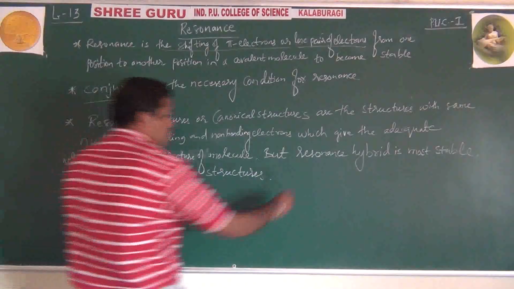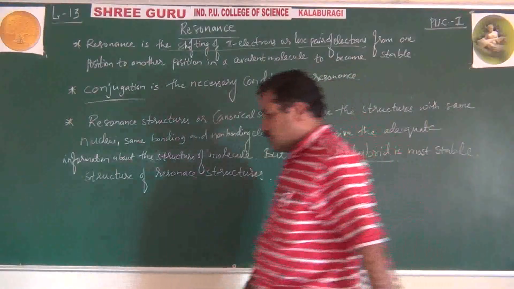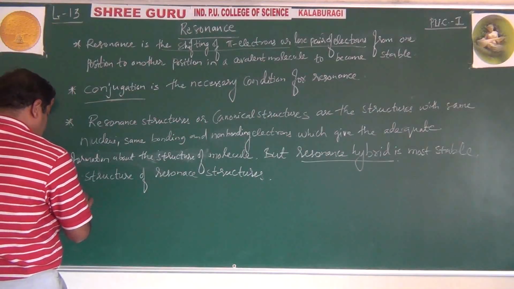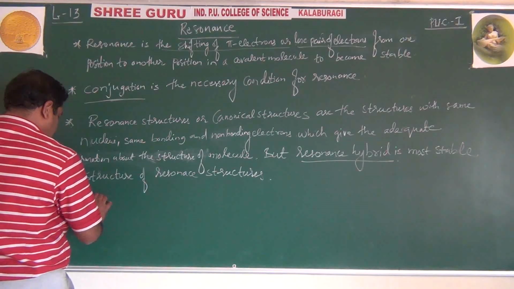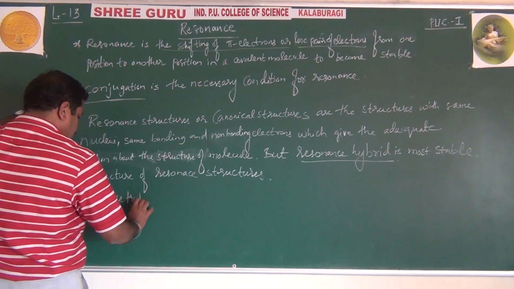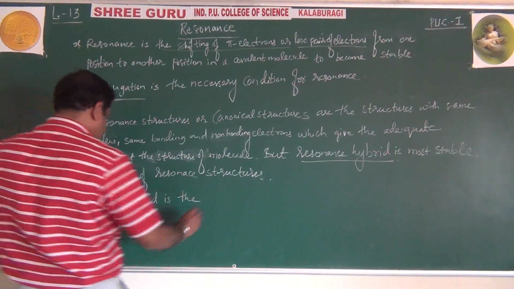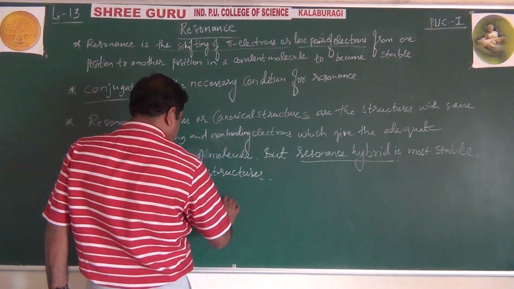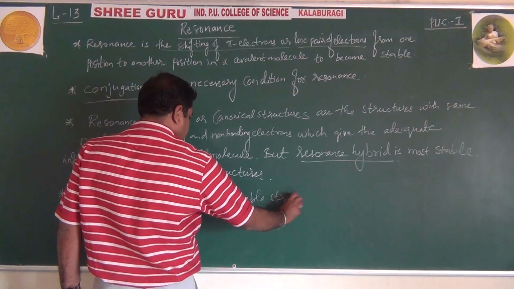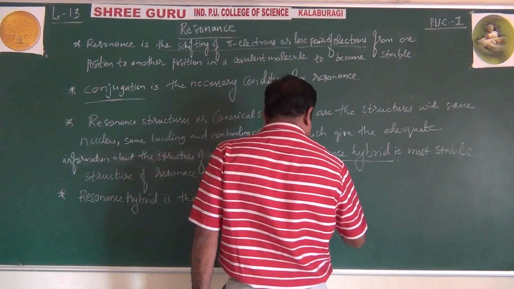Okay, resonance hybrid. And the question arises, what is this resonance hybrid? The resonance hybrid is the most stable structure of an atom or a molecule, which gives complete, adequate information about the structure of the molecule.